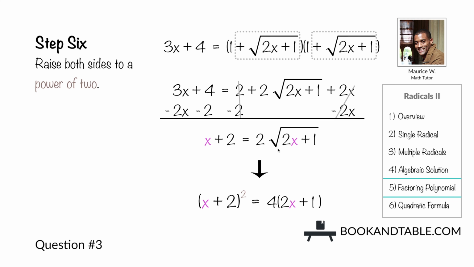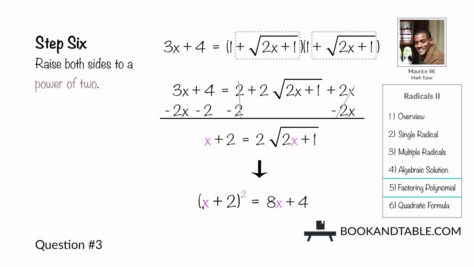And then any radical times itself is just the radicand. So the square root of 2x plus 1 times the square root of 2x plus 1 gives us 2x plus 1. 4 times 2x is 8x. 4 times 1 is 4. So we have x plus 2 squared is equal to 8x plus 4.